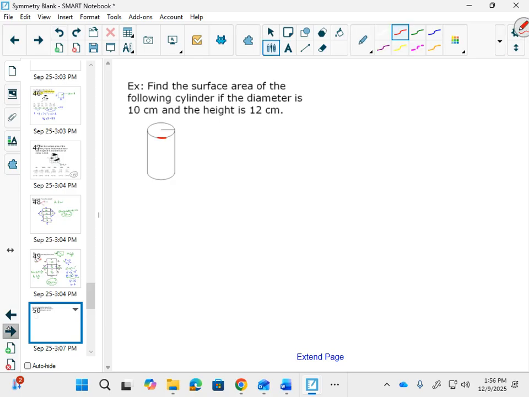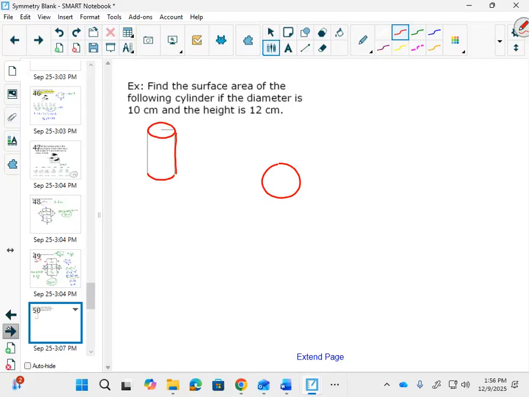I want you to imagine cutting the circle out here, cutting the circle out there, and cutting straight down here. What would that look like if you cut that like that and opened it up? Like a square.